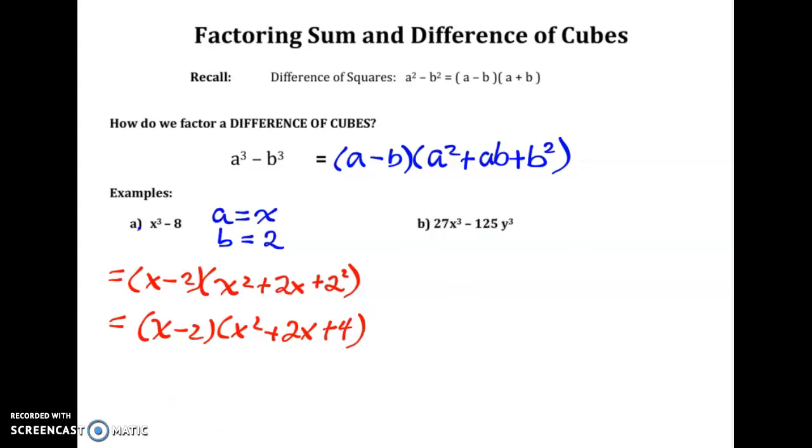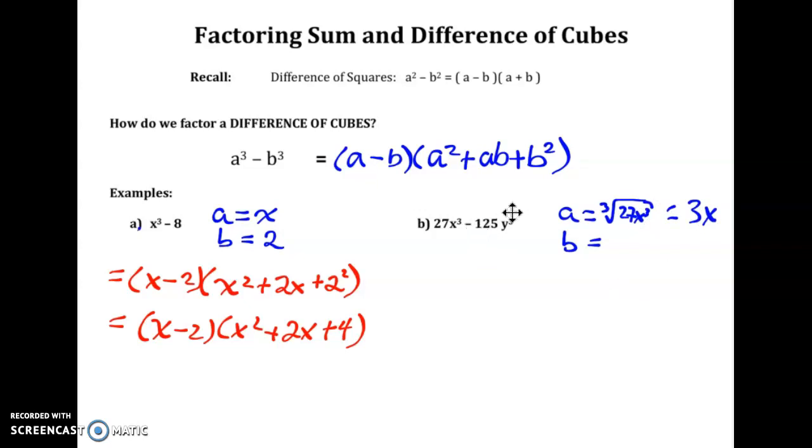Similarly, for the next one, we're going to do the exact same thing. First, we're going to check to make sure it is a difference of cubes. So there is subtraction, so it is a difference. And we're going to check to make sure that you can take the cube root of each term. So if we take the cube root of that first term, the cube root of 27x cubed, the cube root of 27 is 3, the cube root of x cubed is x.